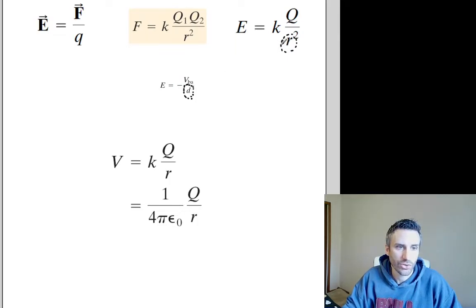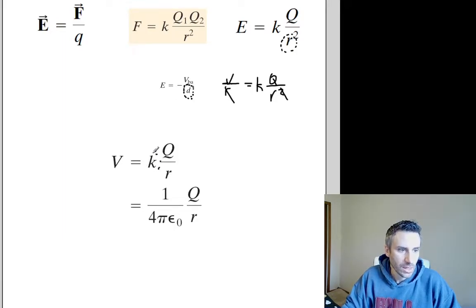So we have the voltage over D, but remember D is the same thing as R, so let me express that as R. Voltage over R equals K times Q over R squared, and so one of the R's will cancel, and I'm left with the voltage equal to K times Q over R.